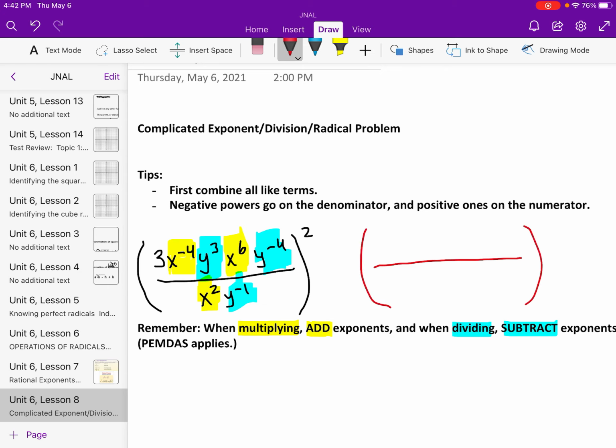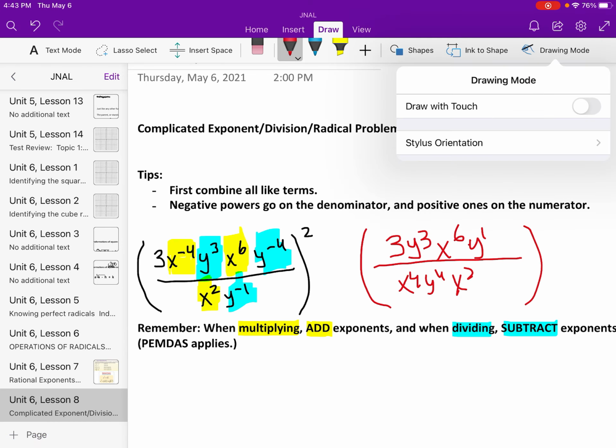So in that case, we would have 3y cubed, because that's a positive exponent, x to the 6, only that, well, for now, we need to make these on the denominator because they have negative exponents. So we have x to the 4th, y to the 4th. Then we have x squared, and then this y to the negative 1st should go on the top. Now we can combine like terms. Oh, and I forgot that too here.